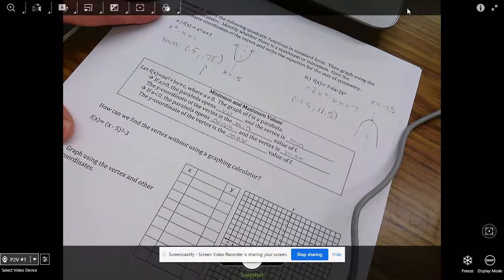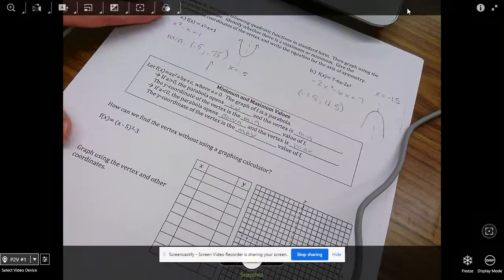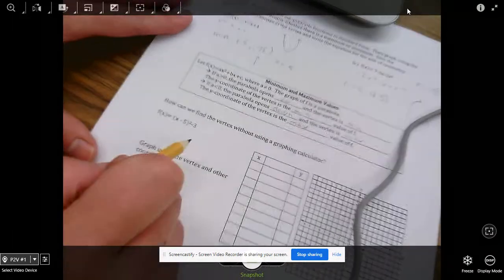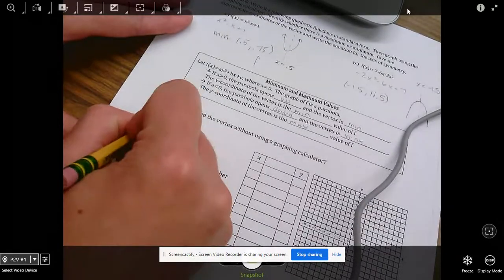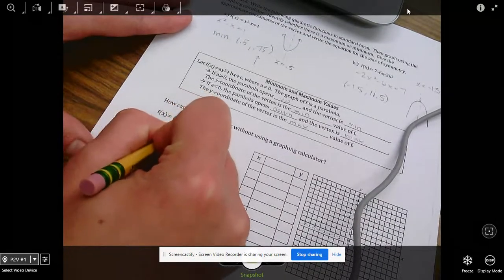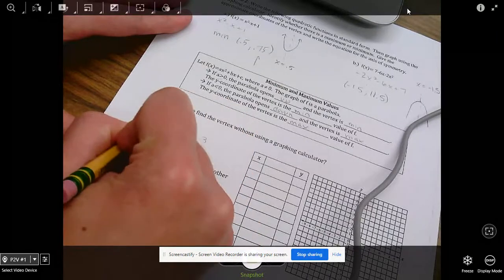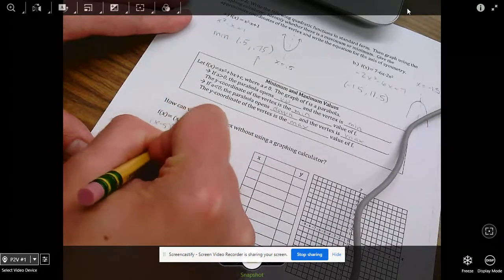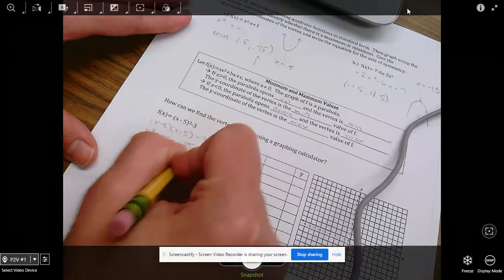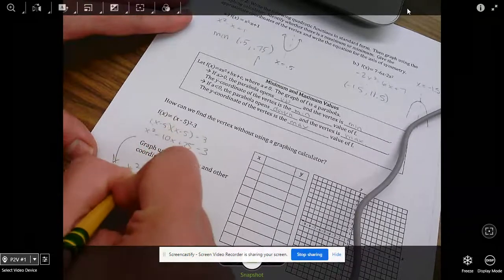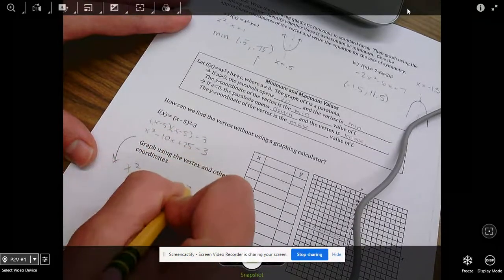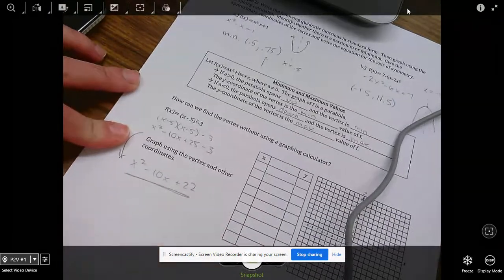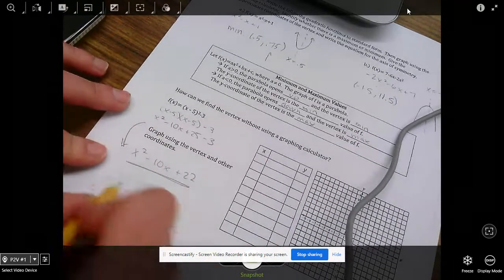Okay? How do we find the vertex without using a graphing calculator? So here, if we simplify it, like I said, if I go too fast, you can always pause the video, do the work yourself, and come back to it. So here it's in standard form. So when it's in standard form, there is actually an equation you could use.